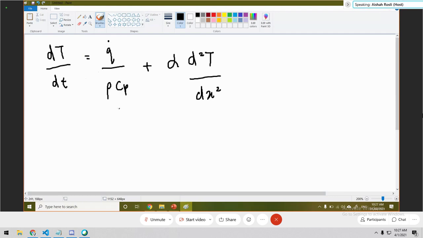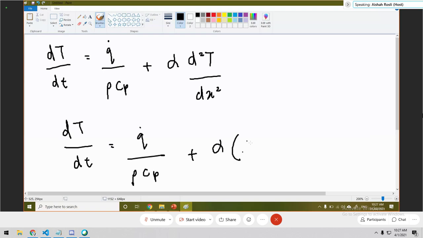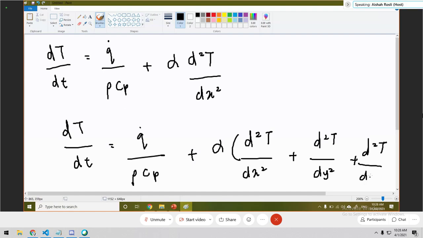But this is only in the x direction. So if you repeat this for all directions, y and z as well, it simply becomes dT over dt equals q over rho Cp plus alpha times d squared T over dx squared plus d squared T over dy squared plus d squared T over dz squared.